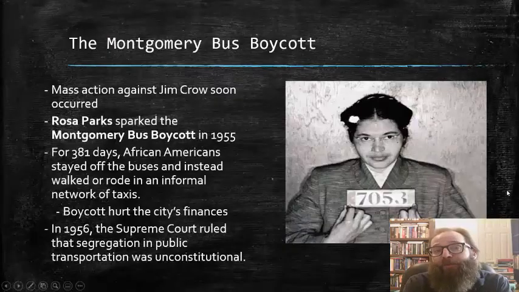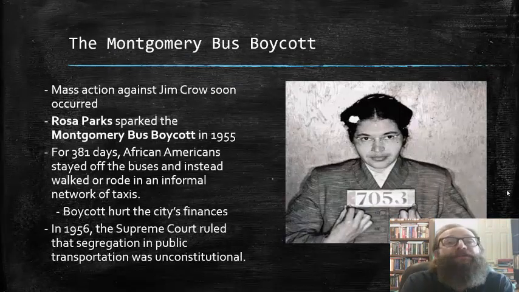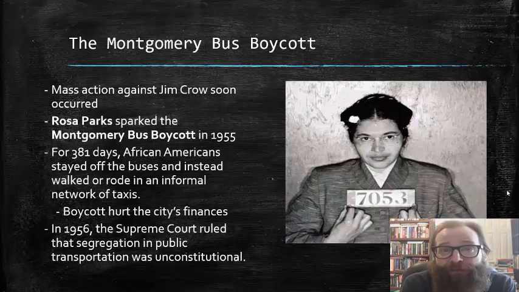Indeed, the optimism produced by the Brown versus Board of Education case soon translated into further action against Jim Crow and segregation throughout the South. One of the more famous incidents was that of Rosa Parks and the Montgomery bus boycott in 1955.